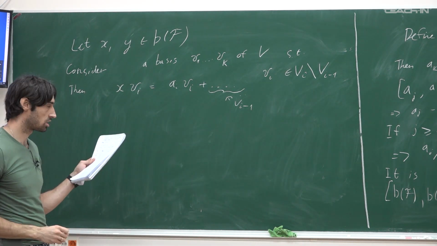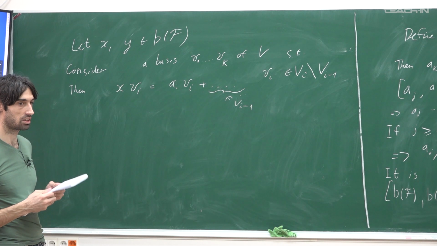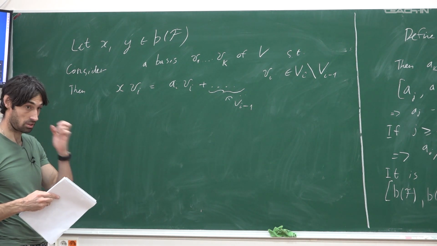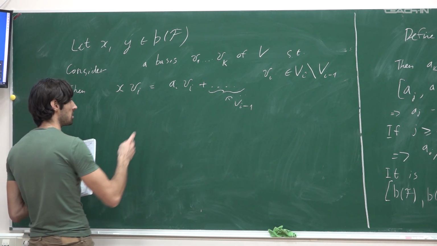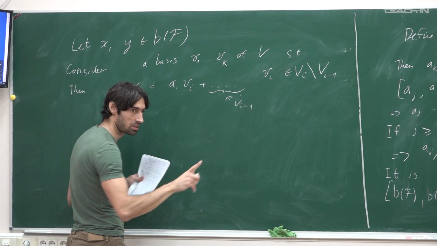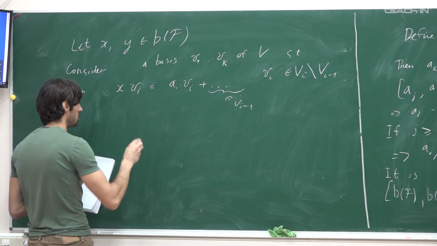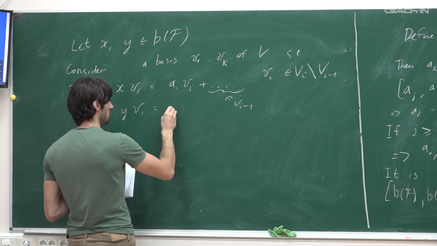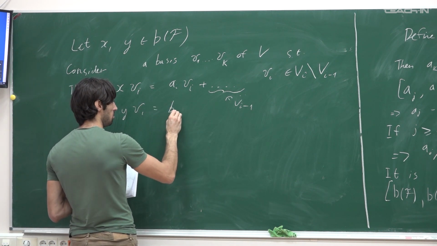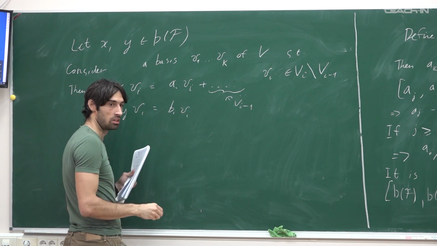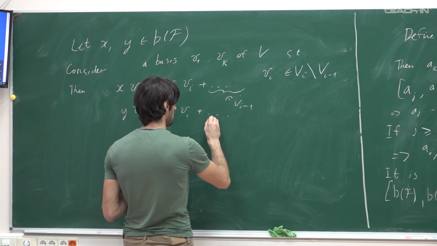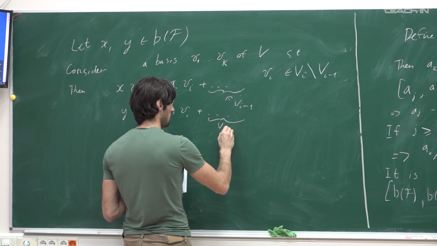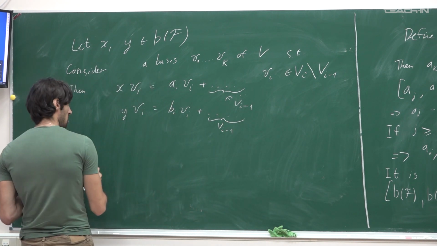That's where we actually need the flag to be full; we need every time one additional vector. If I take y v_i, it will be some other number b_i times the same vector v_i, plus something inside V_{i-1}.